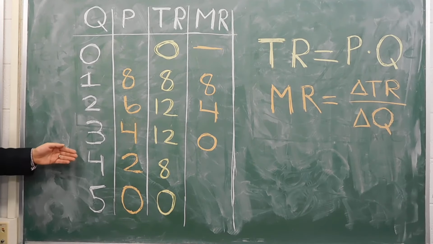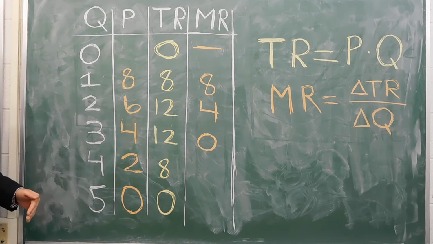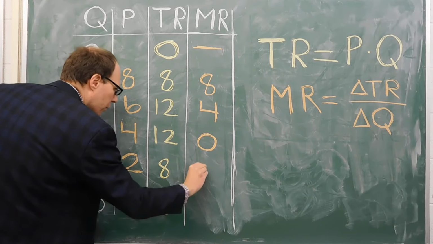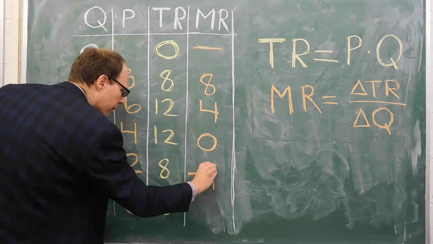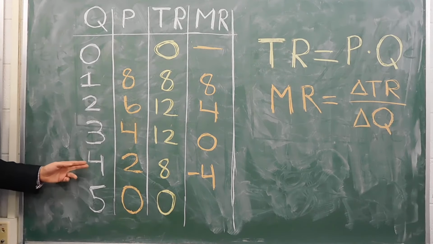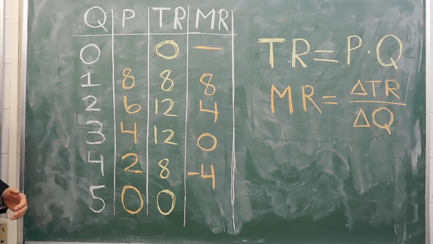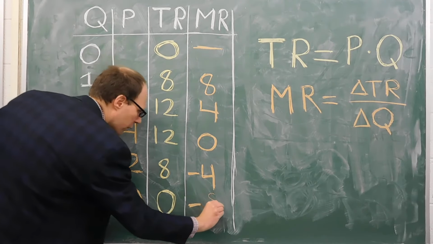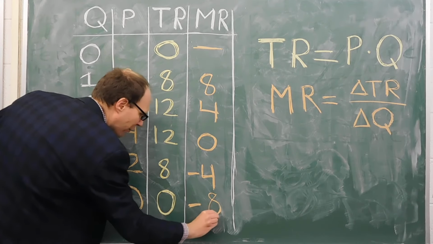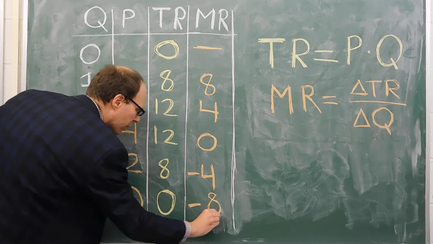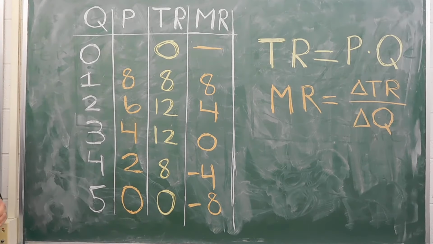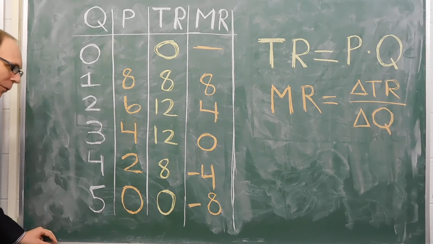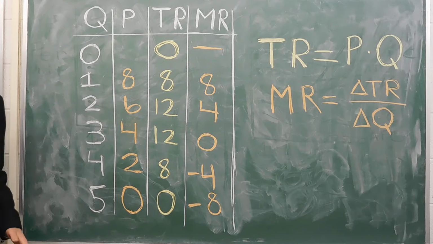The drop in price was large enough that we actually see a negative marginal revenue of 4. And if we go from 4 to 5 units of chalk, we see an additional drop in marginal revenue of 8. So we went from $8 of total revenue to nothing, 0 total revenue, if we're going to get consumers to consume all 5 boxes of chalk that we produce.